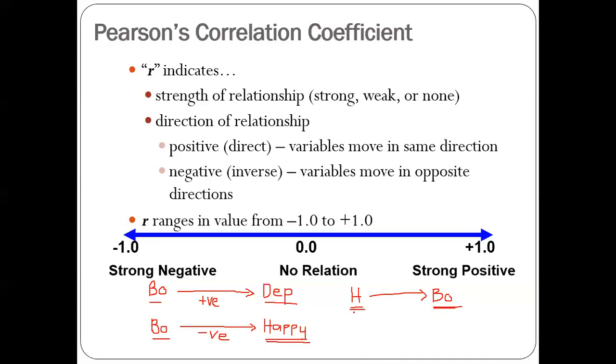So it moved from positive conditions to negative conditions, into opposite directions. So we are going to say that this direction will be the negative direction or negative relationship. So that is the direction of relationship in Pearson correlation coefficient.